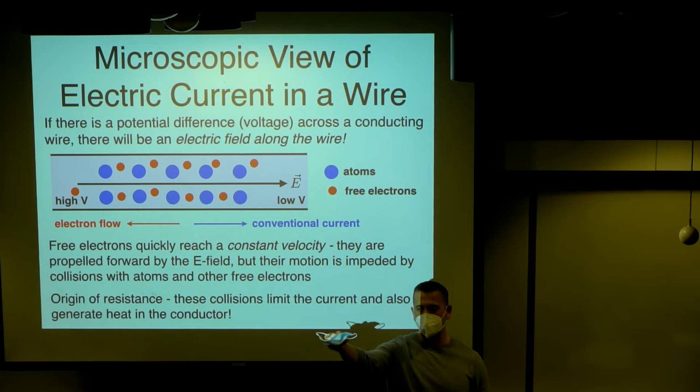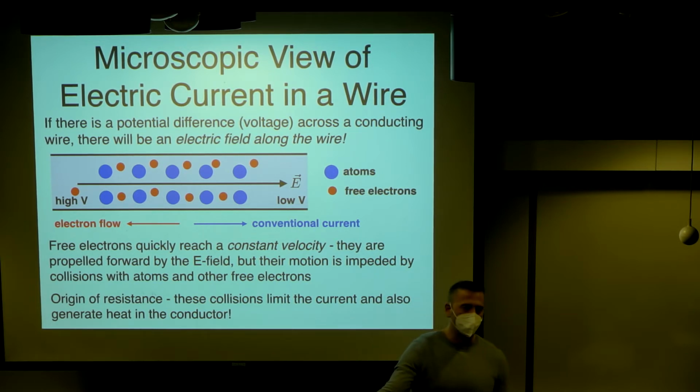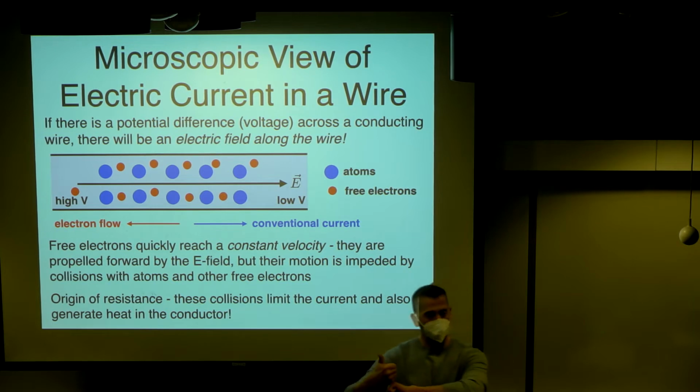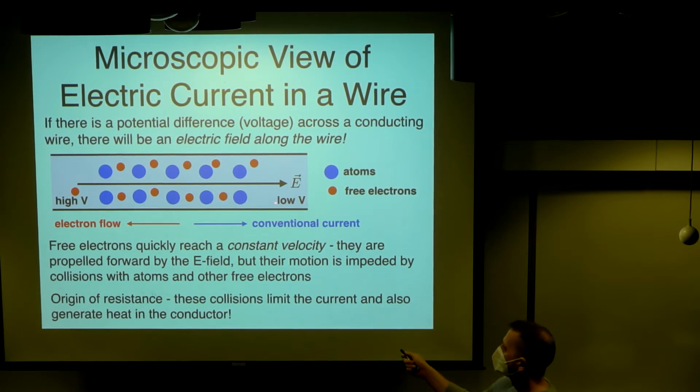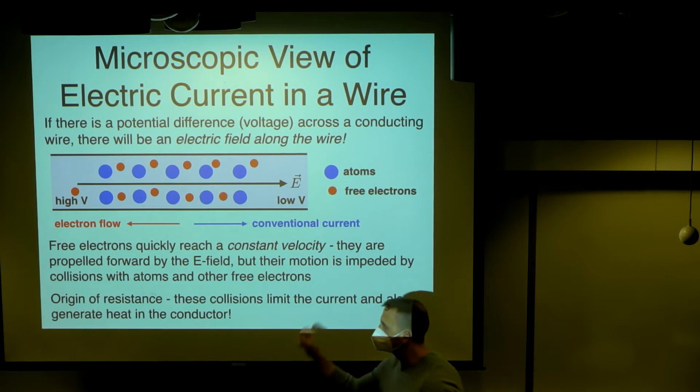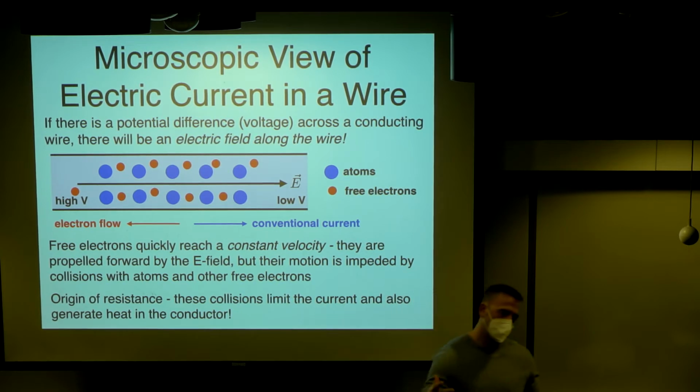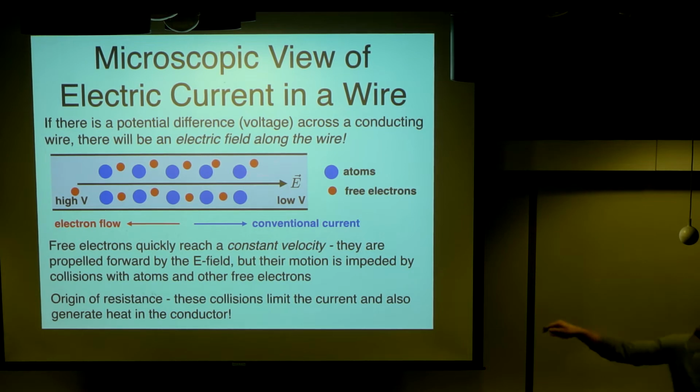So if I drop this object, pretty quickly it just assumes a constant velocity because there's a balance of those two forces. That's more or less what's going on here, right? The E field tends to force the electrons to the left, but the collisions exert a force in the opposite direction. In a pretty short amount of time, those effects balance each other out. And instead of just accelerating down the wire, electrons are moving at a constant velocity down the wire. Okay?